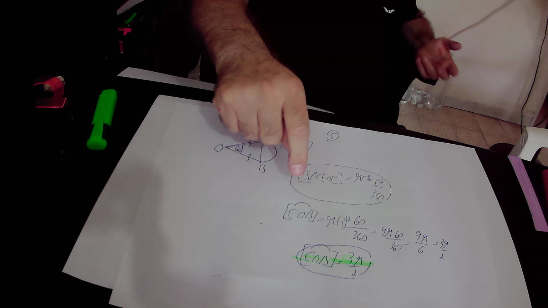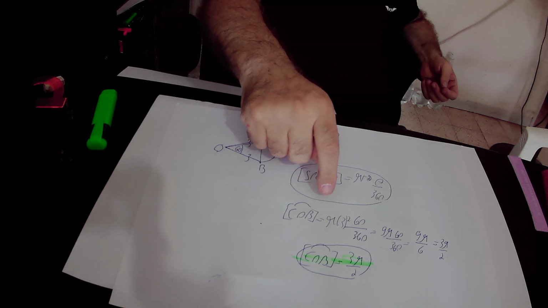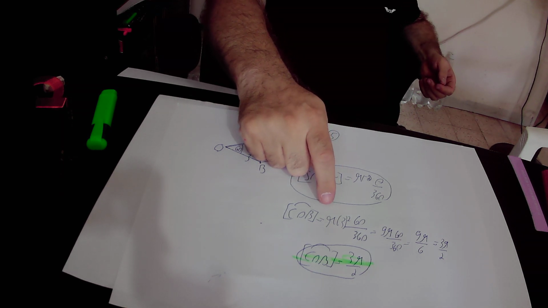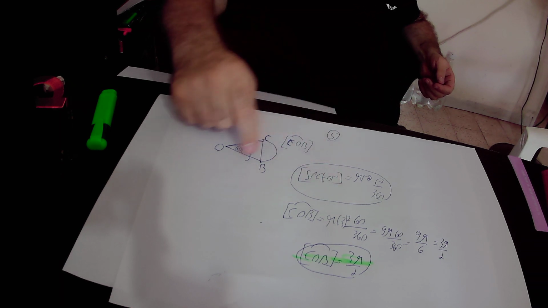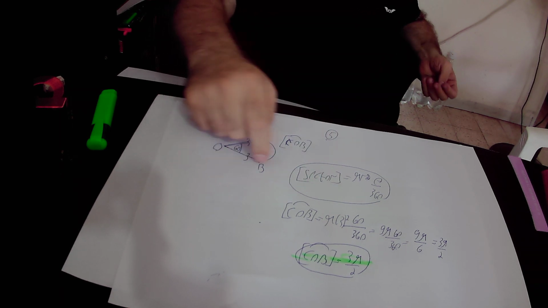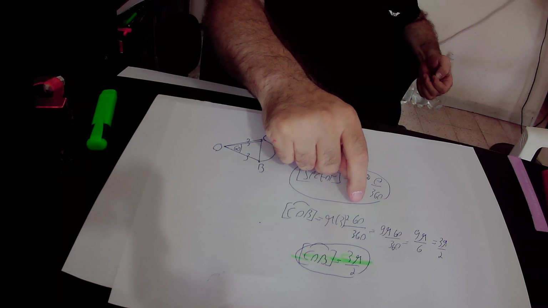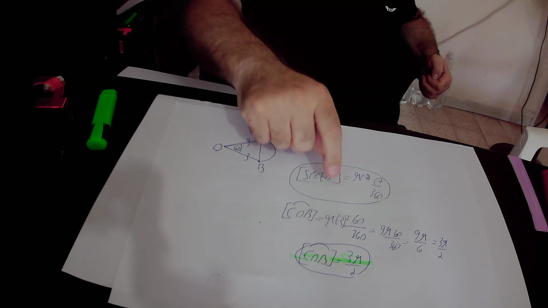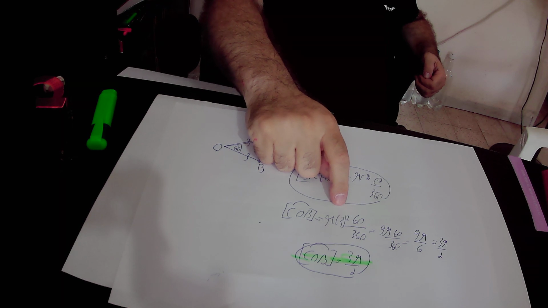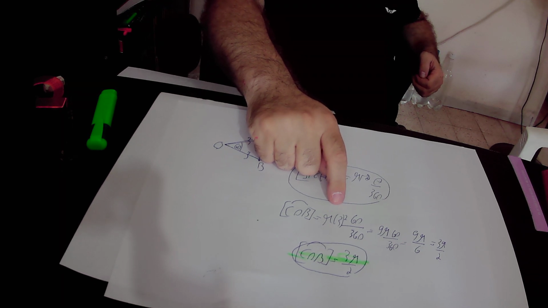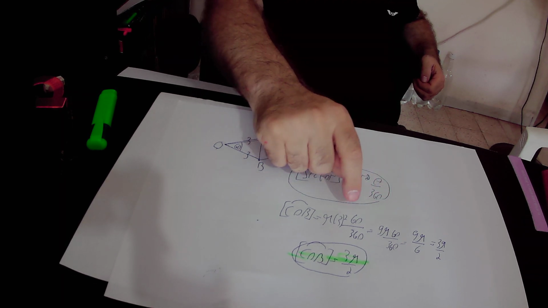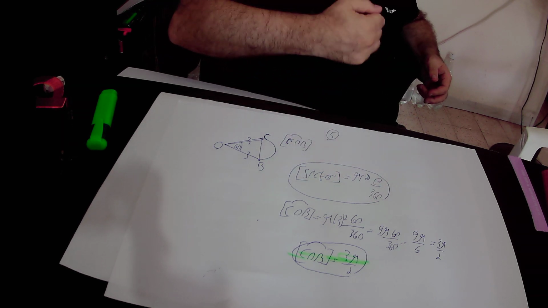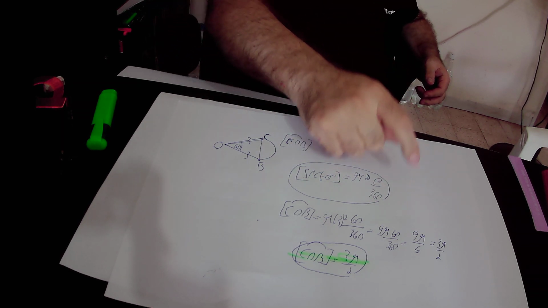So the area of sector COB equals pi r squared. R is 3, so pi r squared is pi times 3 squared. The angle between the legs of sector COB is 60 degrees, so it is theta over 360 degrees, which is 60 degrees over 360 degrees. Pi times 3 squared is 9 pi, so this expression equals 9 pi times 60 degrees over 360 degrees. 60 over 360 is 1 over 6.